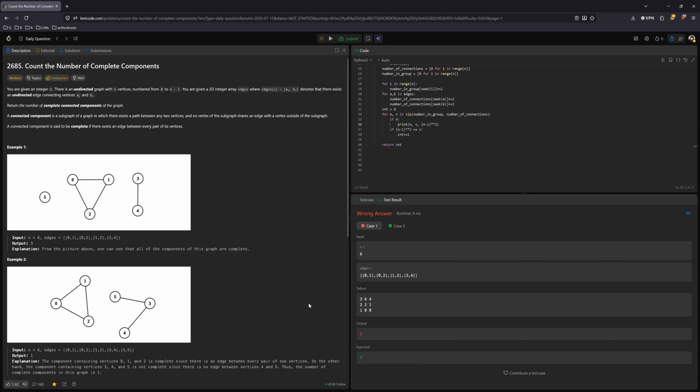So 1, 2, 3, right? 1, 0 connections. Good. 2, 2 connections.